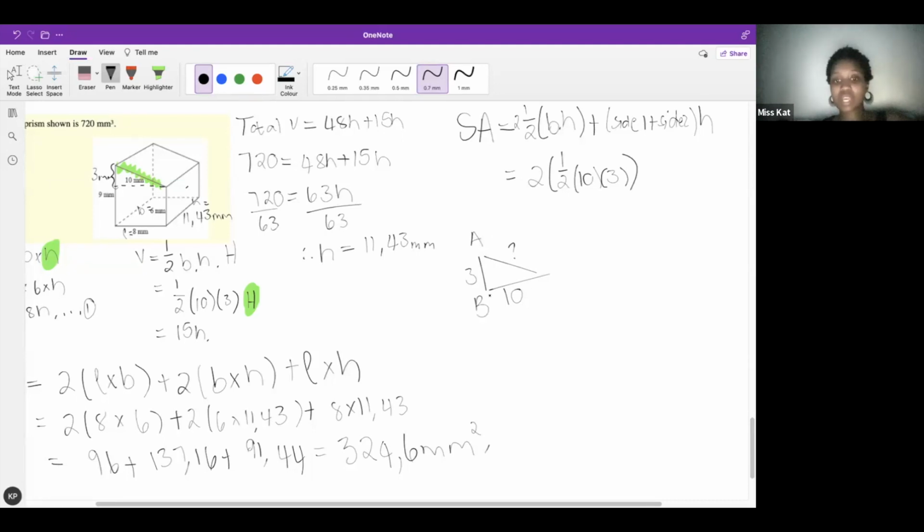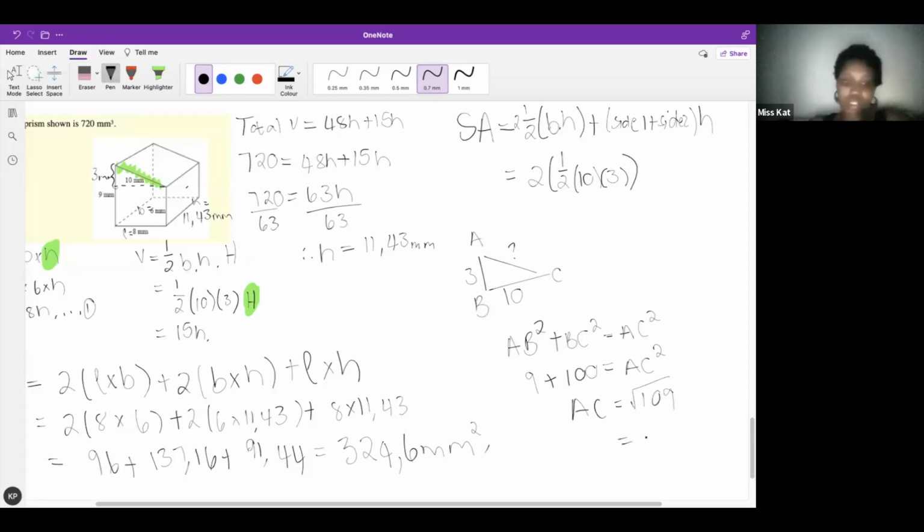So I'm going to name this ABC. AB squared plus BC squared equals AC squared. So 3 squared is 9 plus 100 equals AC squared. So then AC is the square root of 109.